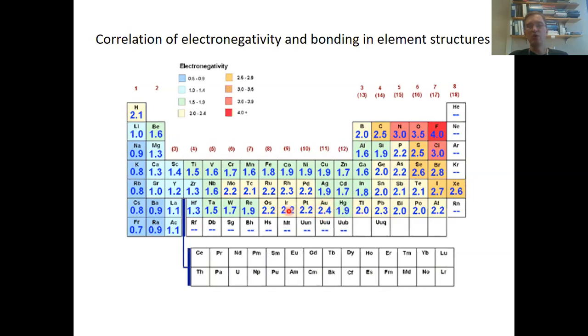So typically very noble elements tend to have unusually high electronegativities, but if we take out these few exceptions, then we can say that the electronegativities within metals are generally on the smaller side, typically lower than 2.